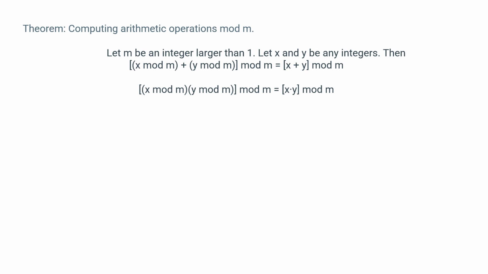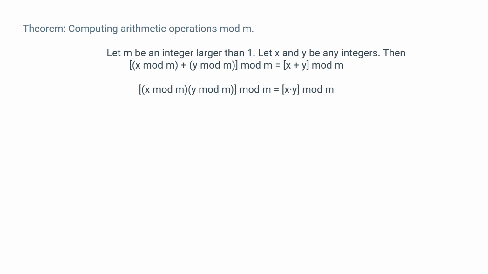And it's true also for multiplication. So if we're talking about x times y, and then we want the mod m, we could say take x mod m, y mod m, multiply those together, and then take mod m of that. So we can do it either way. We can either do the mod m once at the end or do it a bunch of times.